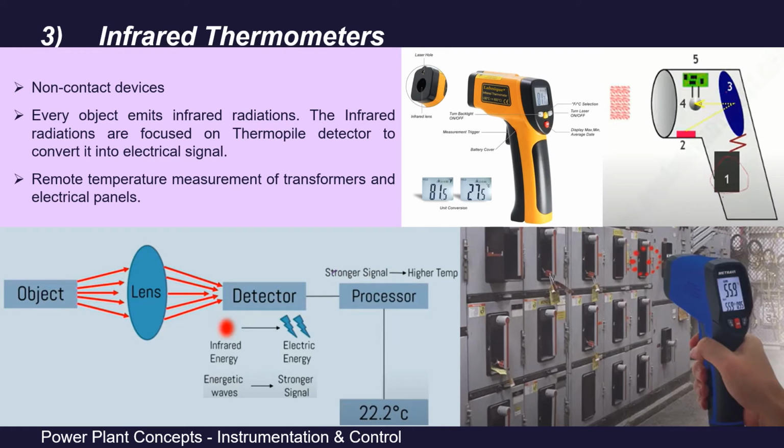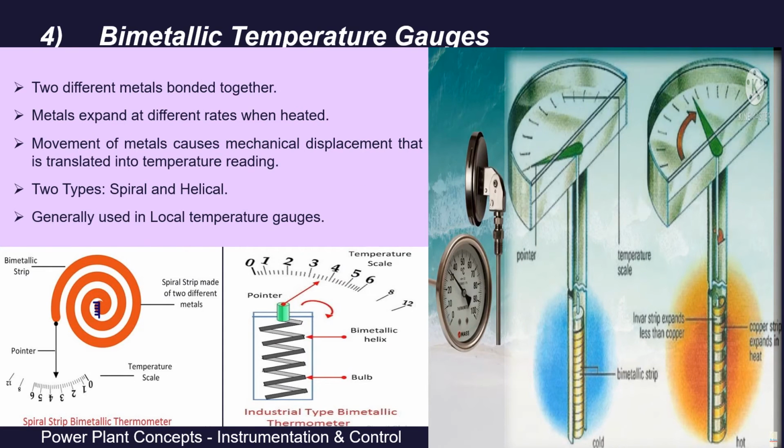Next is bimetallic temperature gauges. Bimetallic temperature gauges consist of two different metals bonded together, which expand at different rates when heated. Please don't get confused with thermocouples. Thermocouples are also two dissimilar metals, but they operate on the Seebeck effect, where due to electron flow, a potential difference is generated, millivolts are generated.